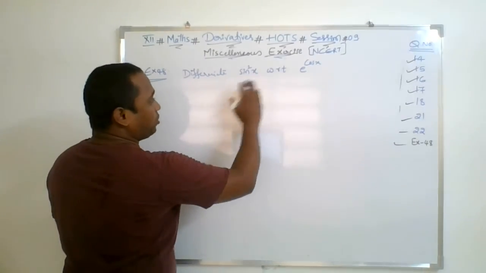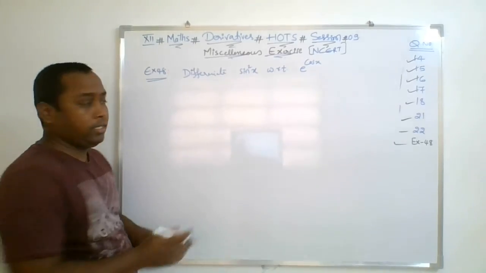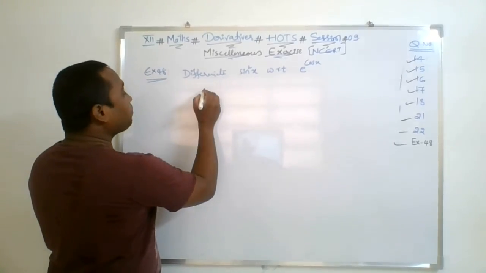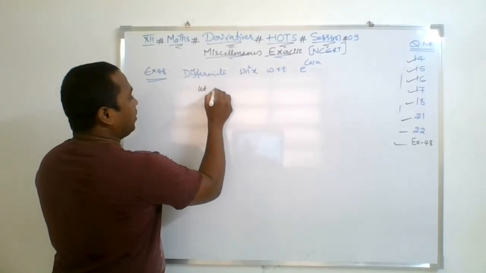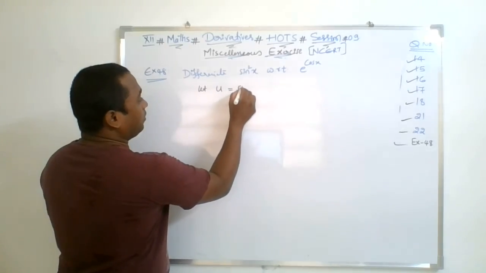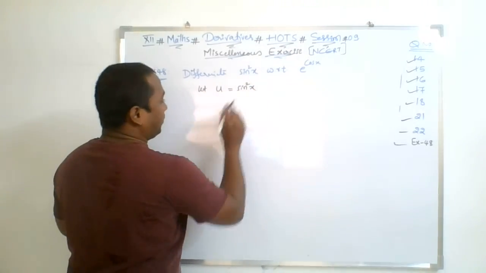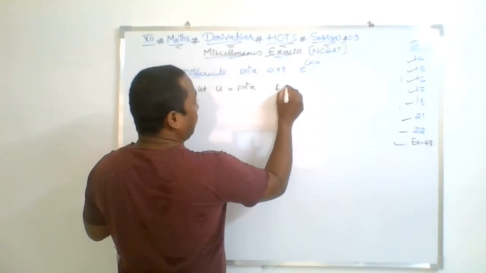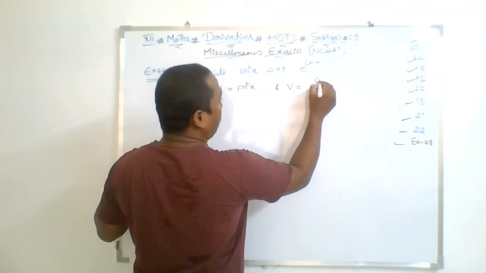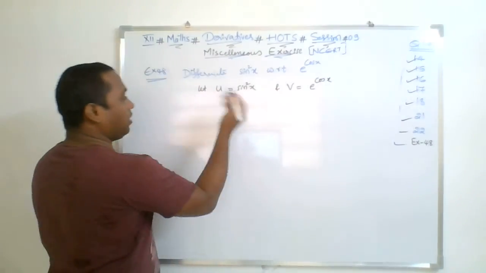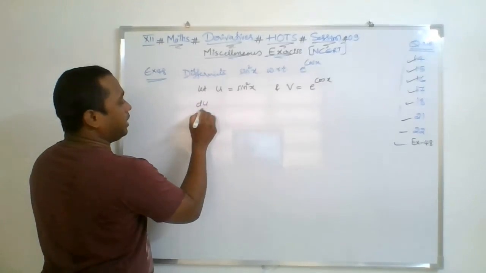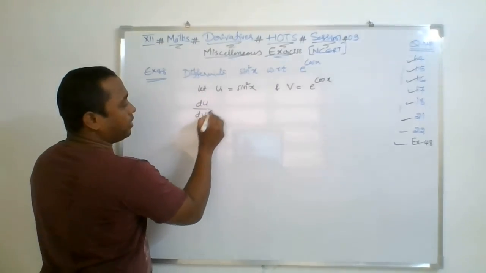If there are two functions, I can name the functions, right? So what I can say here, let u be the function sine square x and v equal to e to the power of cos x. So basically what we are looking for is the derivative of the u function with respect to v.